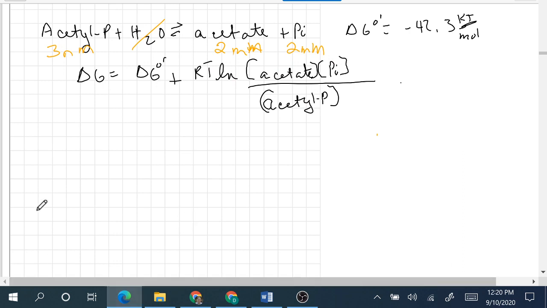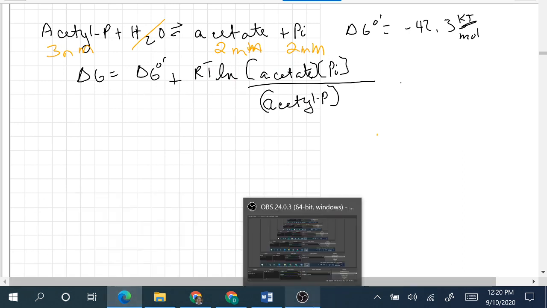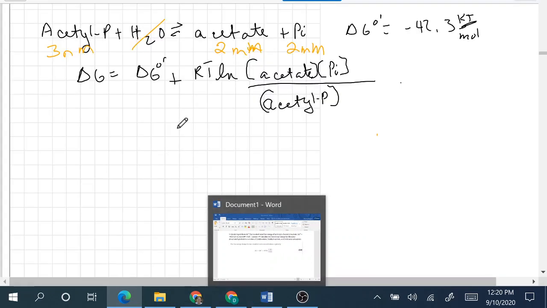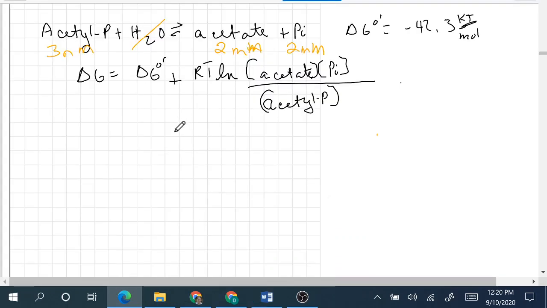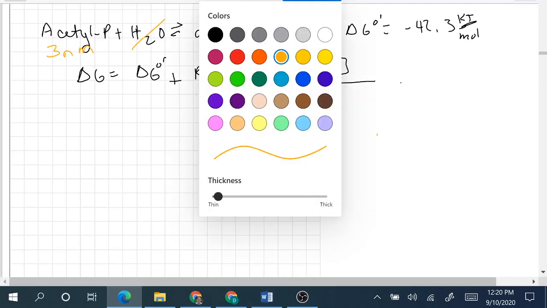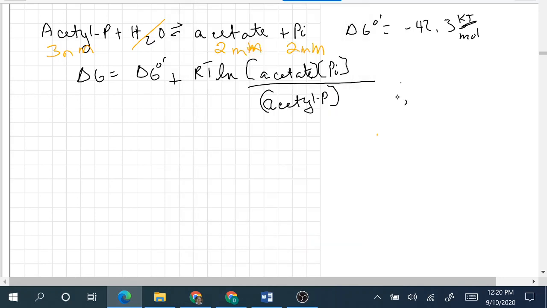Alright, so this is just a plug in the blank problem. So let's go ahead and plug in. Delta G is equal to delta G naught, which is negative 42.3 kilojoules per mole.